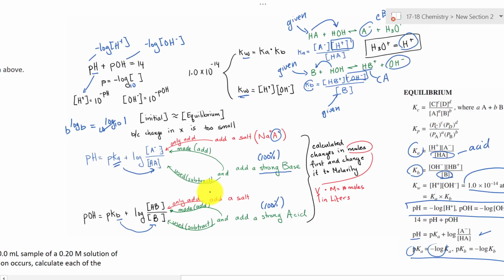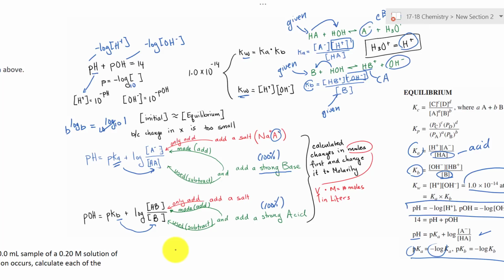Of course, it's going to react with the acid, even if the acid is weak. So the number of moles of base that you're adding is going to be subtracted from the acid because it's reacting with the acid. But when you subtract, what is really happening? You're reacting with the acid. That means you actually use up the acid on the reactant side, right?